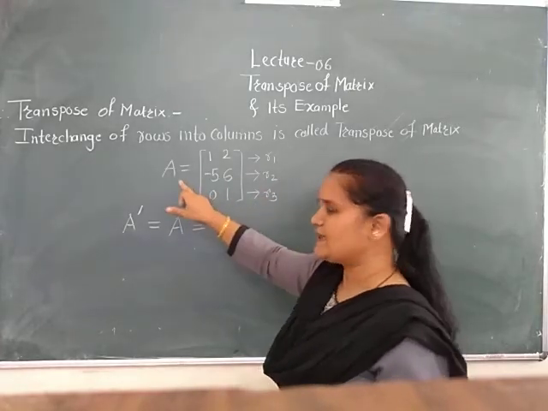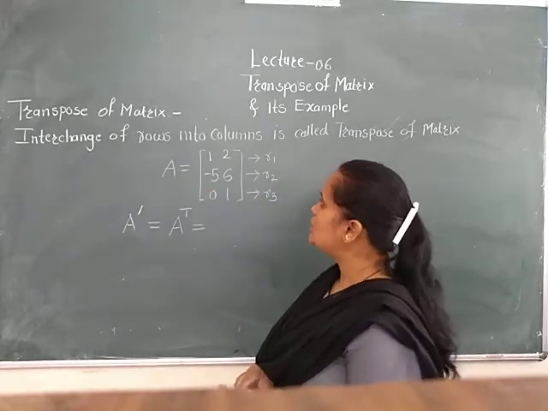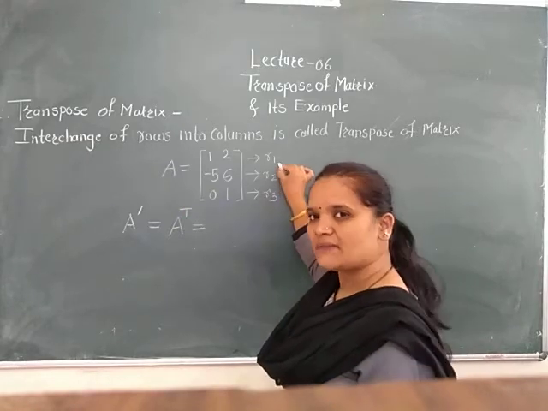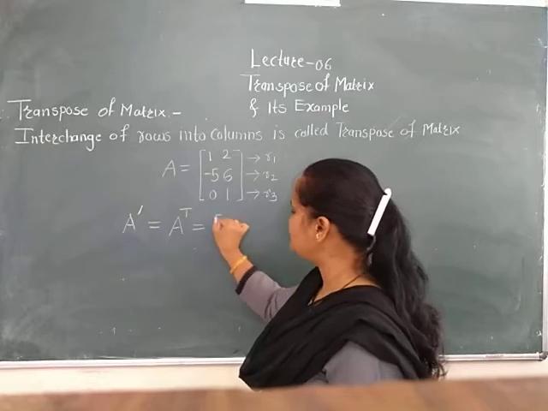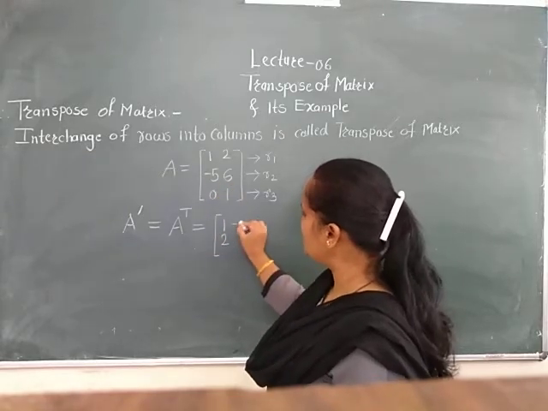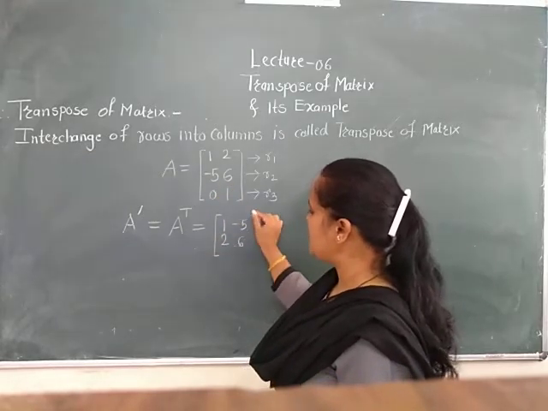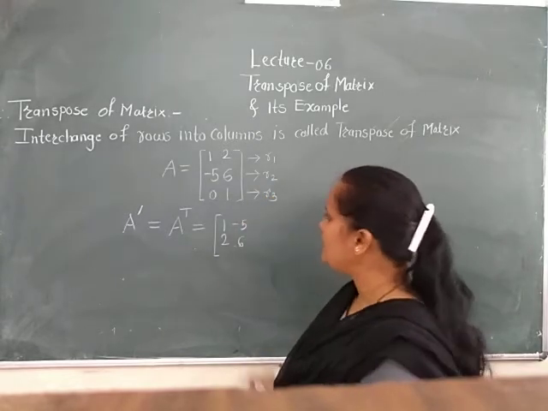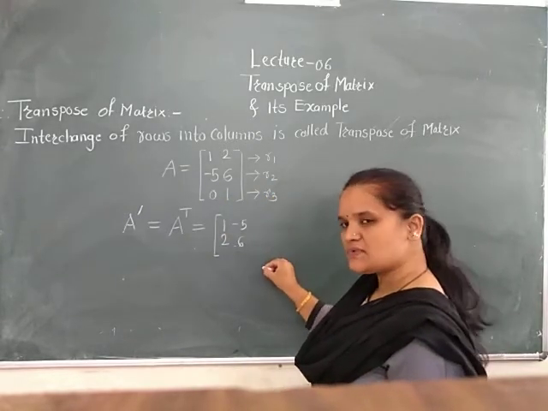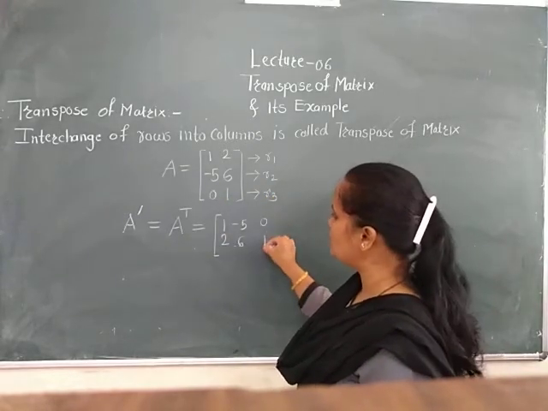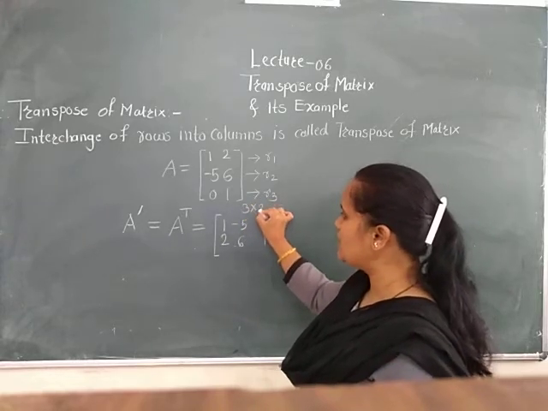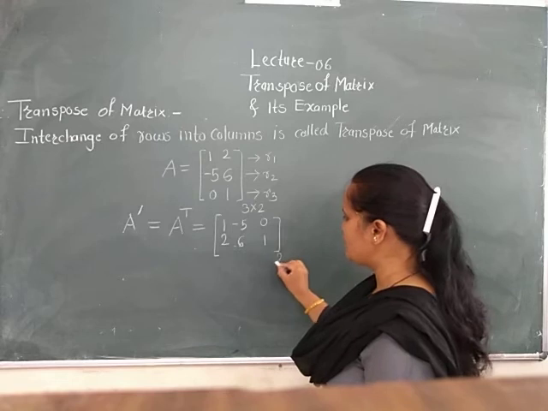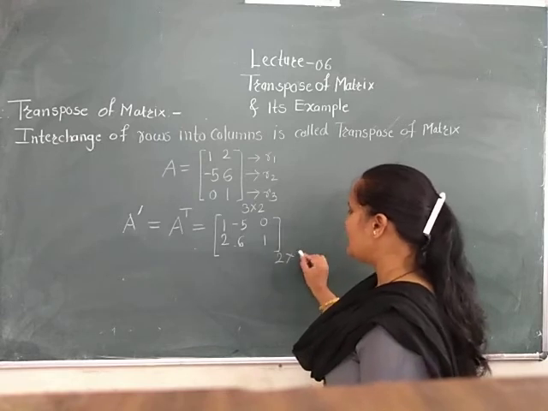Now we are going to take the transpose of this A. So what happens? First row becomes first column. Second row, minus 5, 6, becomes second column, and row 3 becomes column number 3. So this matrix was of order 3 by 2 and its transpose will be of order 2 by 3.